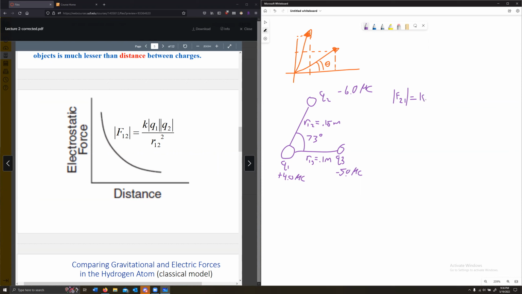That might be the wrong name, but I keep calling it that. Times the net charge of particle 2 times the net charge of particle 1, all divided by the distance between particles 2 and 1 squared.